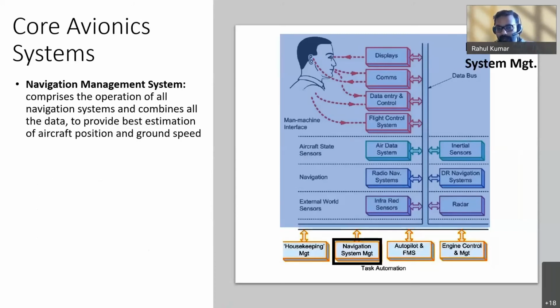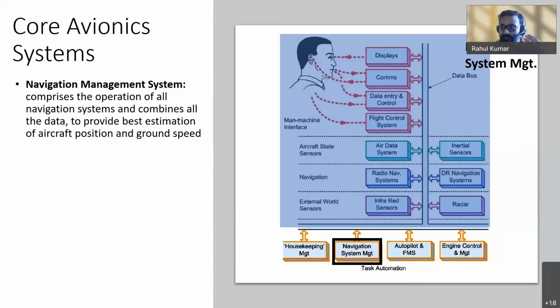Then you have the navigation management system. In the previous slide, we discussed different navigation systems, right? The information from all those different sources is combined by the navigation management system.